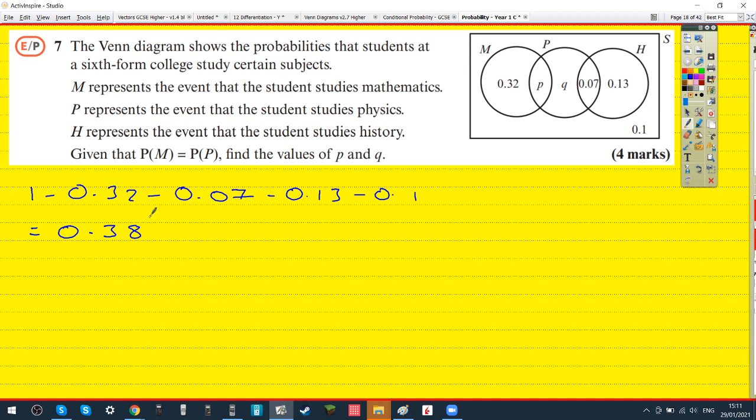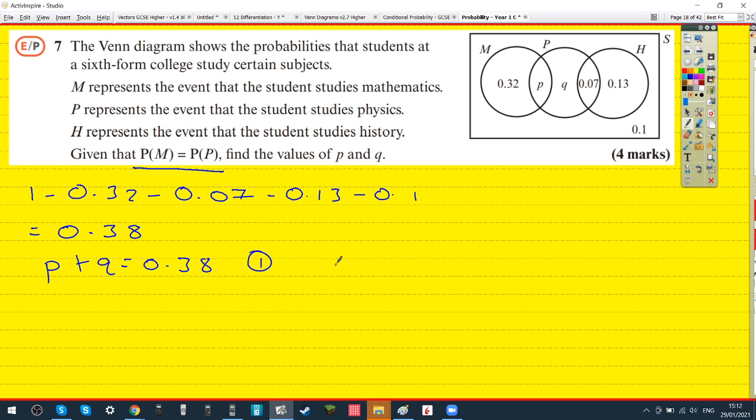Make an equation. Any equation. Yeah. Am I involving P and Q? Should I do Q is equal to 0.38 minus P? Oh, yeah. P plus Q equals 0.38. Yeah. We know that much. We also are told this.